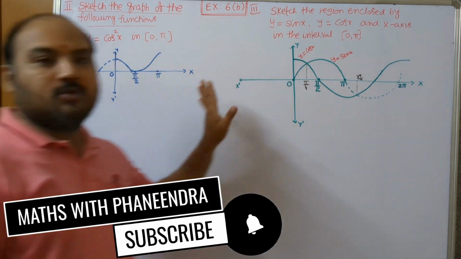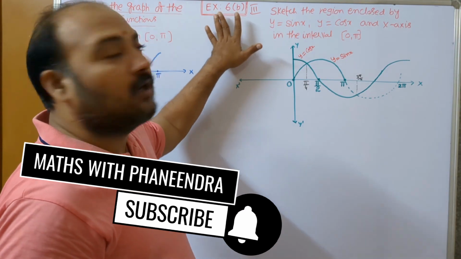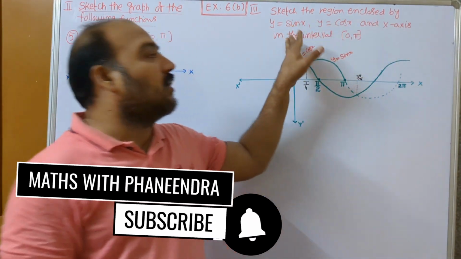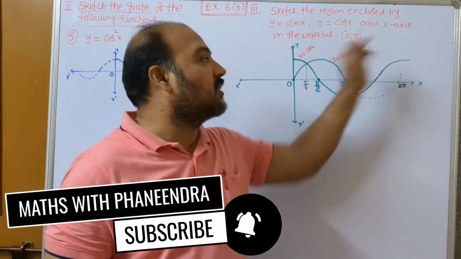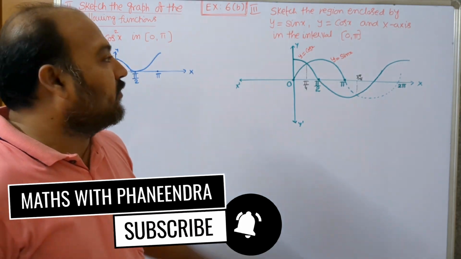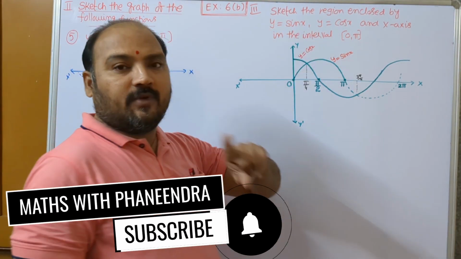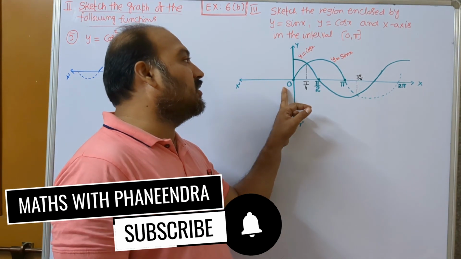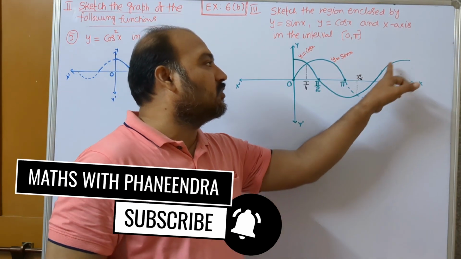Now come to the last question in this session, exercise 6B. Sketch the region enclosed by y equals sin x, y equals cos x and the x axis in the closed interval 0 to π. See, the y equals sin x curve is always passing through the origin.